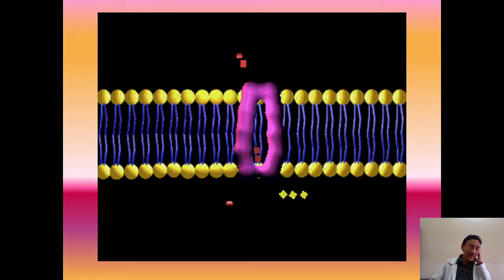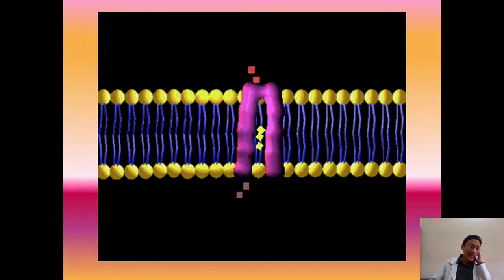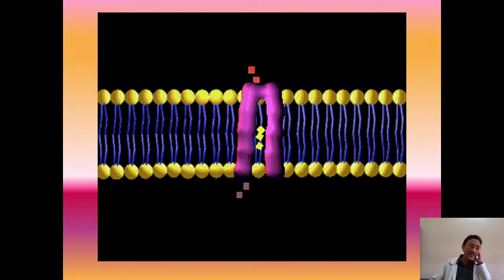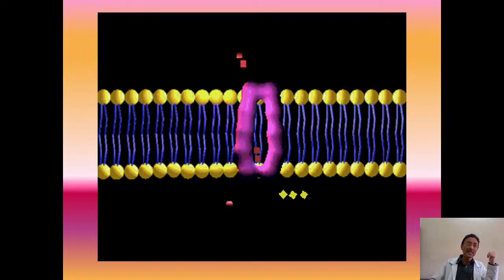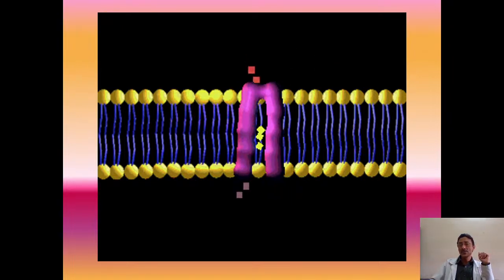The released energy causes a structural change in the channel, and this structural change causes the sodium to go outside. Once the sodium goes outside, dephosphorylation takes place. Potassium ions are binding simultaneously. Once dephosphorylation takes place, the potassium ion is released from the binding site on the inside of the cell membrane. Thus, the electrochemical gradient is restored back to normal.